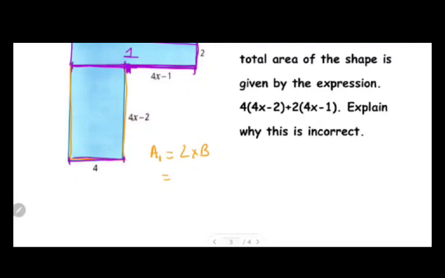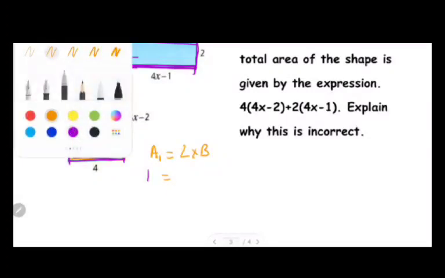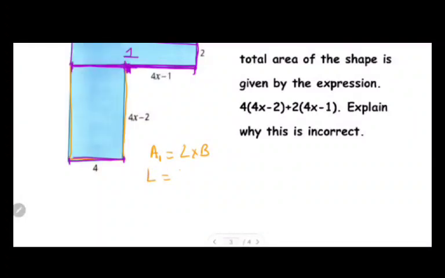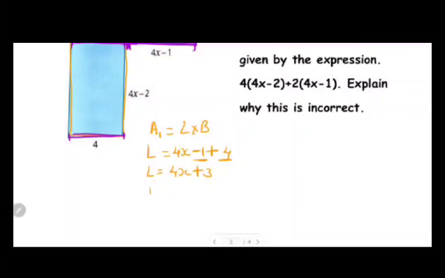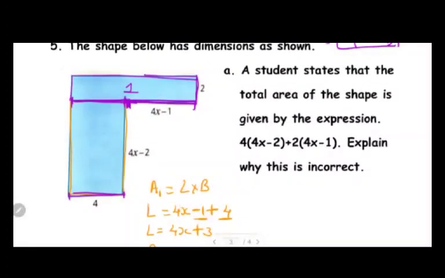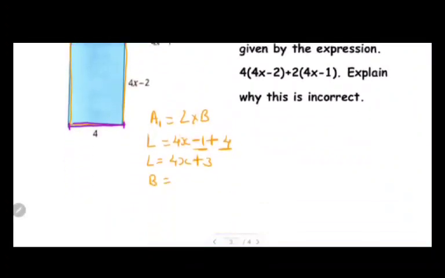So the length is equal to 4x minus 1 plus 4. Length is equal to 4x plus 3, since 4 and minus 1 gives me plus 3. That's my length. What is my breadth? My breadth is simply 2 centimeters.